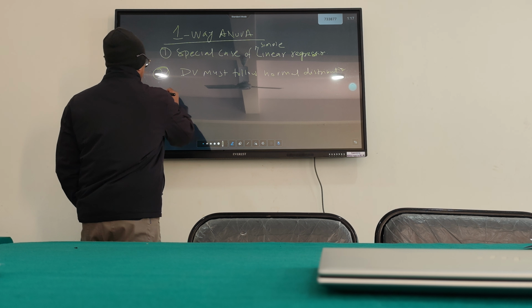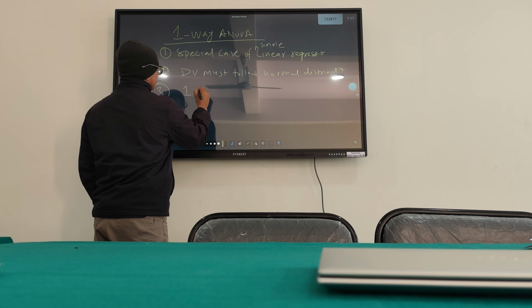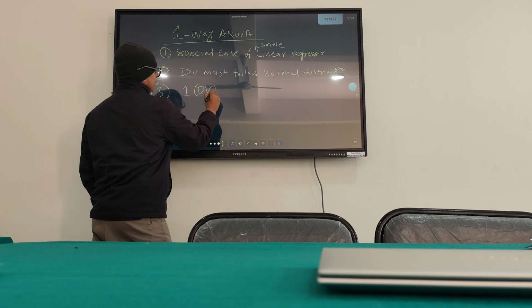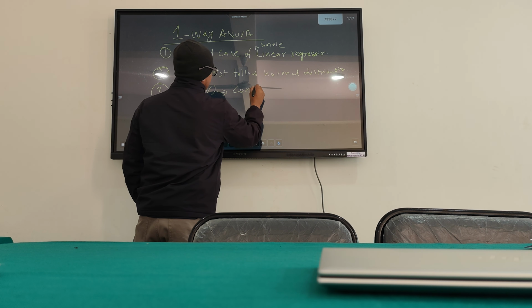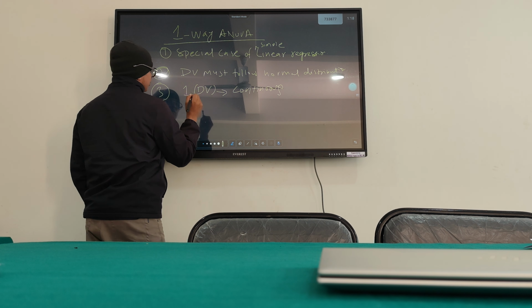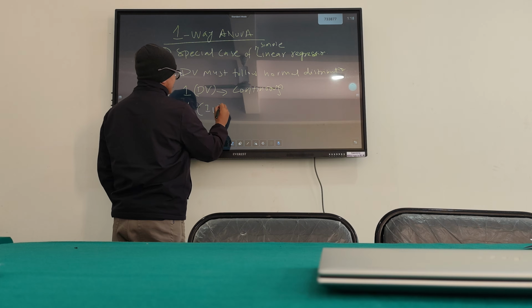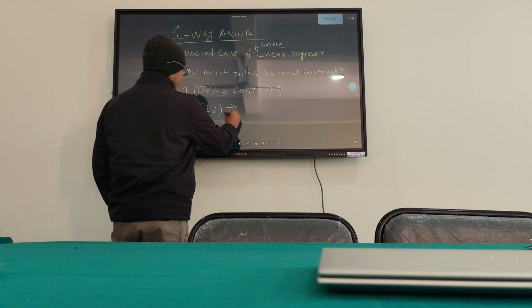After that, what do we do? Here, one DV, the dependent variable, which is continuous. Okay? And one IV, the independent variable, but there is one more case you need.